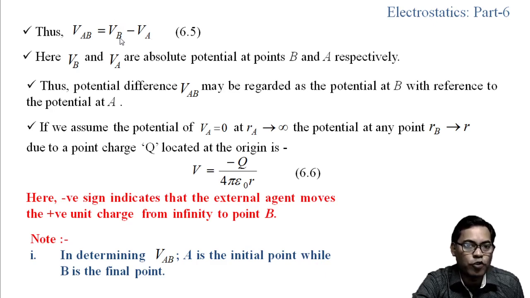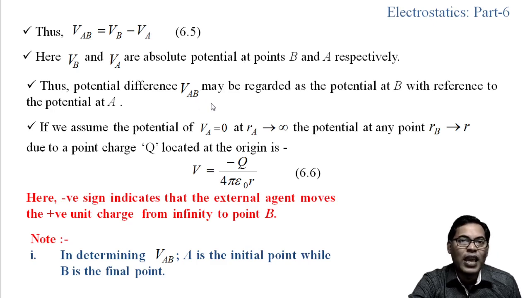VB is the absolute potential of point B, and VA is the absolute potential of point A. And also the potential difference VAB can be considered as the potential at the point B with respect to the potential of the point A. That is called the potential difference VAB.